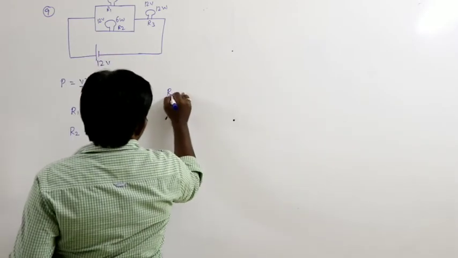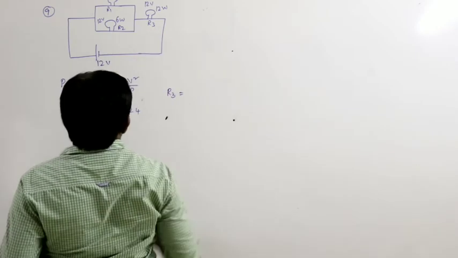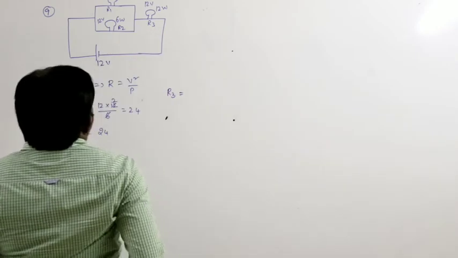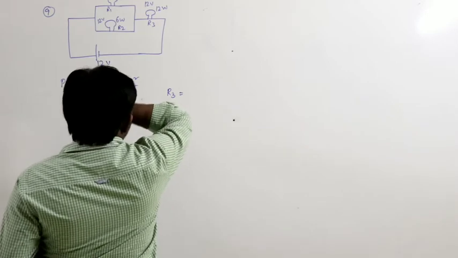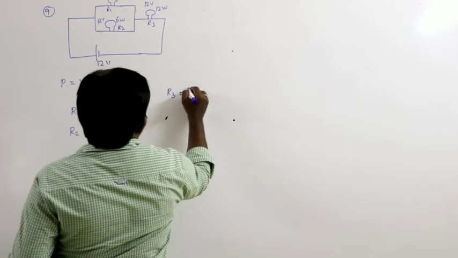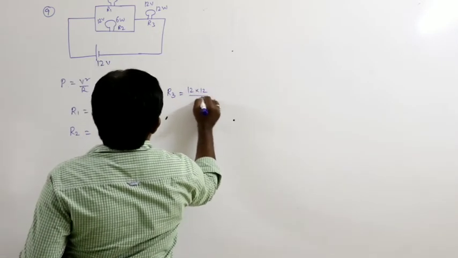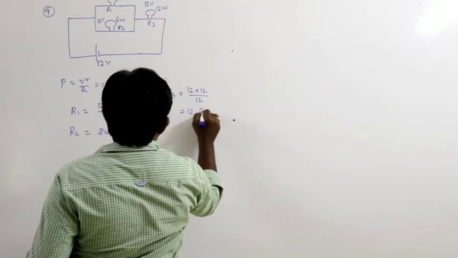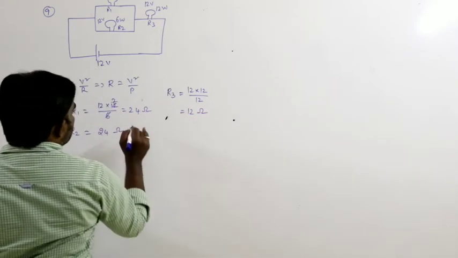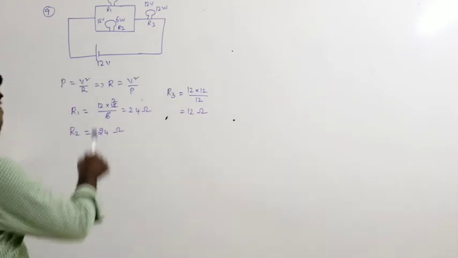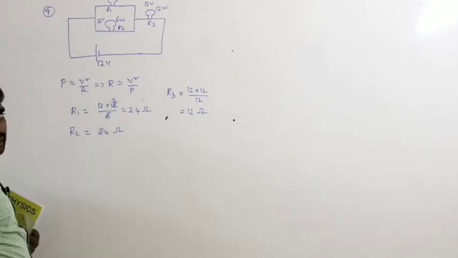Then what is R3? R3 is equal to 12 into 12 divided by 12, so 12 ohms. R1, R2, R3. Here R1 and R2 are in parallel.